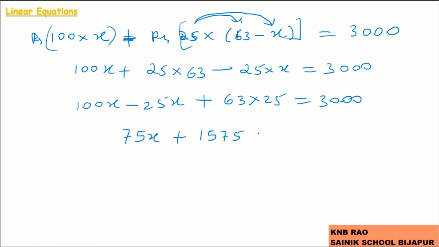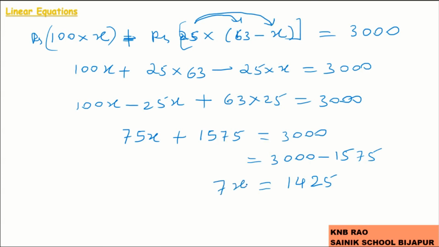1575 equals to 3000. Now this addend, if it comes this side, becomes subtrahend. So 1575 subtracted from 3000 gives you 1425, which is 75x.